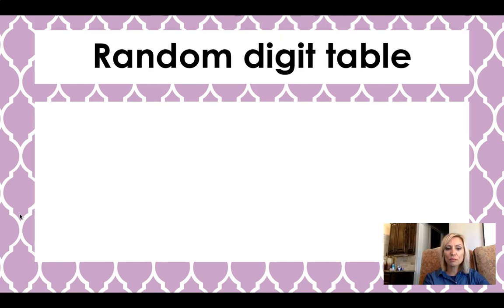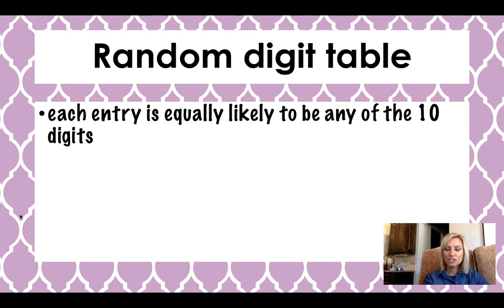So if we're selecting from a random digit table, it's first important to understand truly what a random digit table is. In a random digit table, every entry or every number in the table is equally likely to be any of the 10 digits. Those are the digits between 0 and 9. So each of the individual digits has an equal likelihood of occurring.